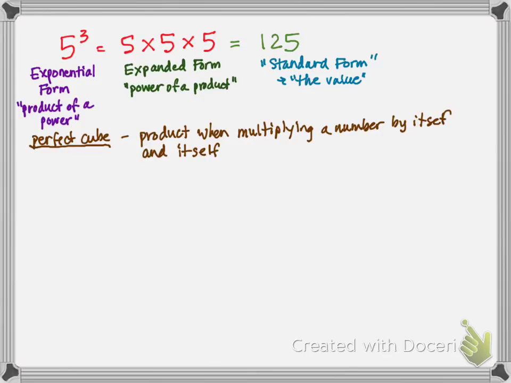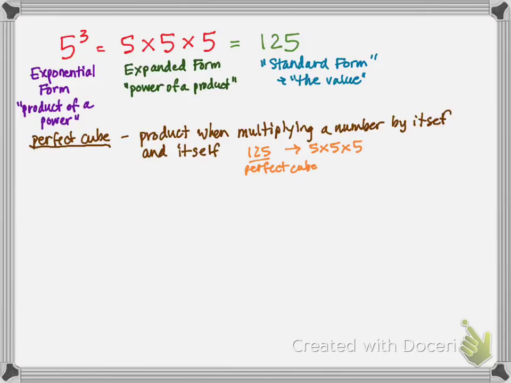Okay, so I'm multiplying 5 times itself, 5 times itself, 5. The answer, the 125, is the perfect cube. So 125 is considered a perfect cube. And it's the result of taking 5 times 5 times 5.